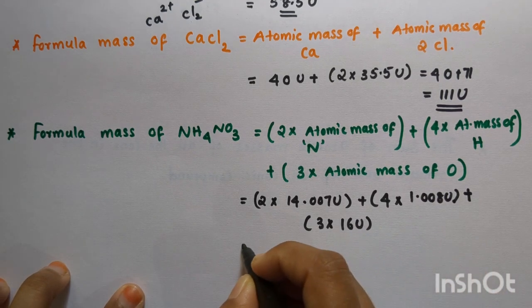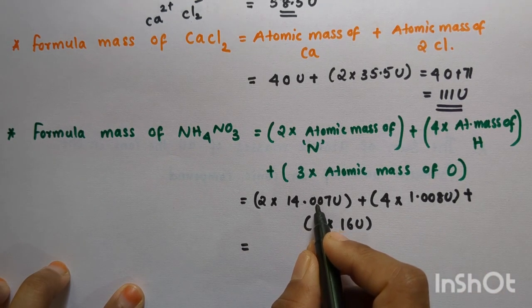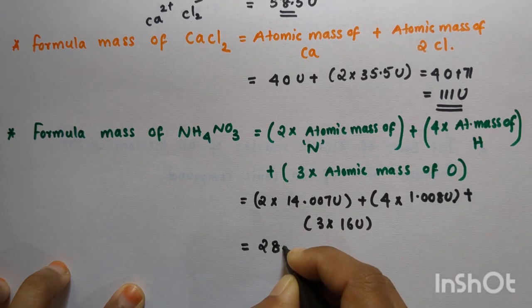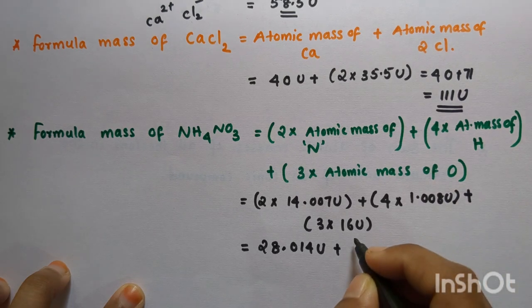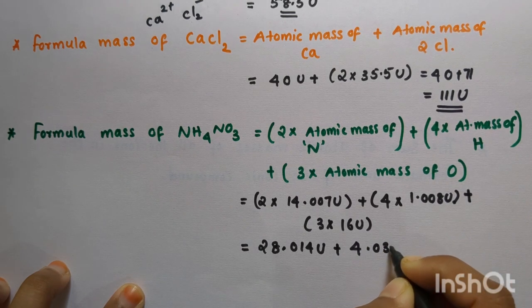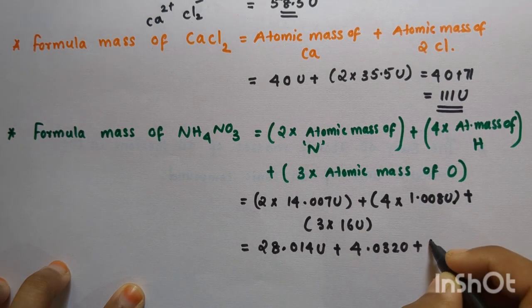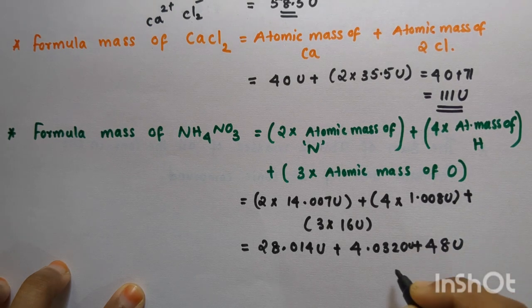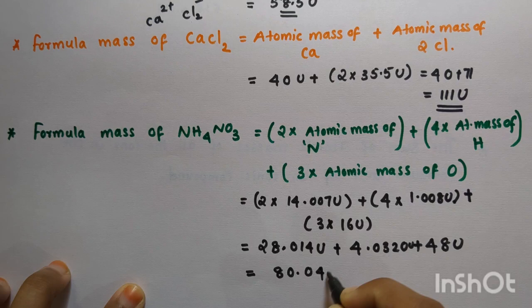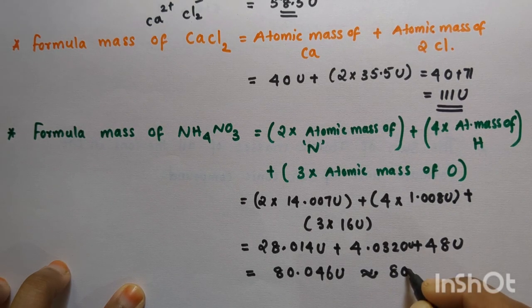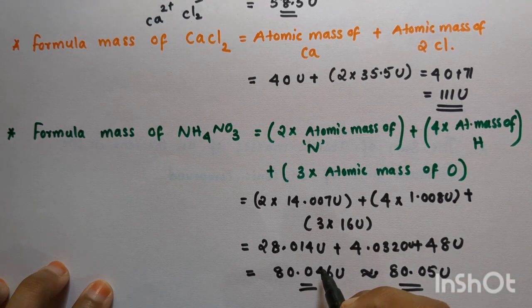So when you add these, 2 into 14.007 u will be 28.014 u, plus 4 into 1.008, that will be almost 4.032, plus 16 into 3, 48 u. When you add all these, you will get 80.046 u, or this can be approximately written as 80.05 u. So this is the formula mass of ammonium nitrate.